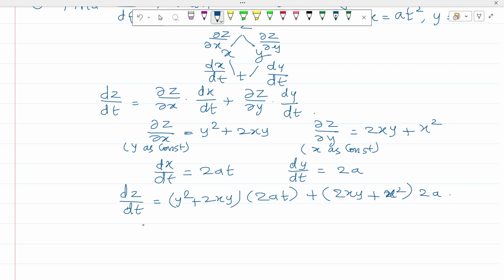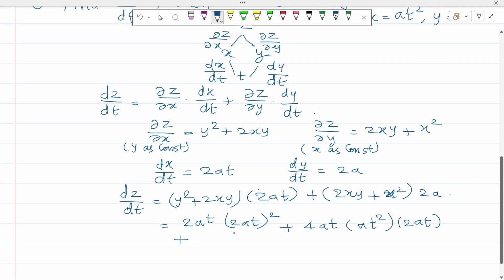You will get, keeping 2at, multiply with y square means 4a square t square, plus already 2 is there, 4at multiplied with at square. X is at square, y is 2at, plus 2a into 2, 4a.